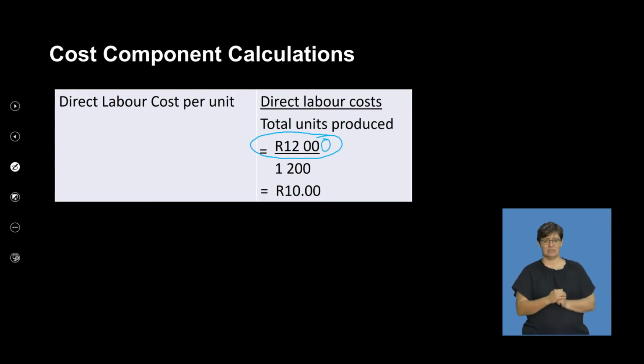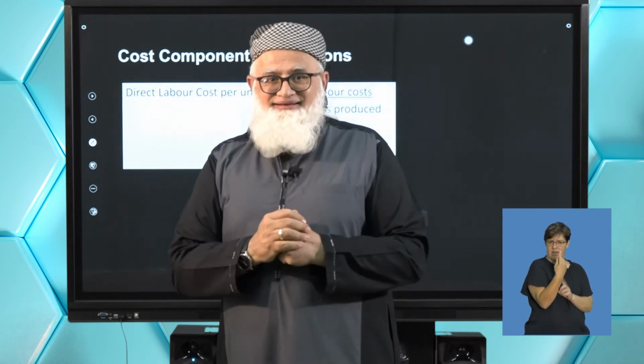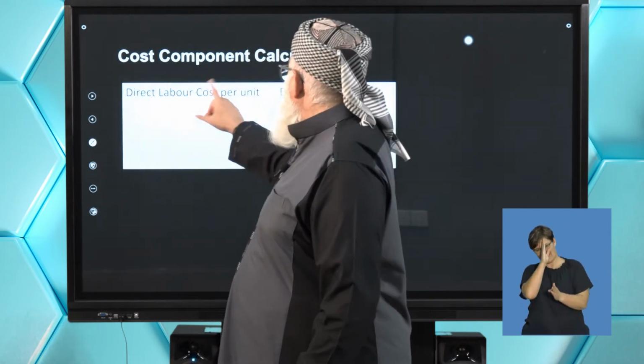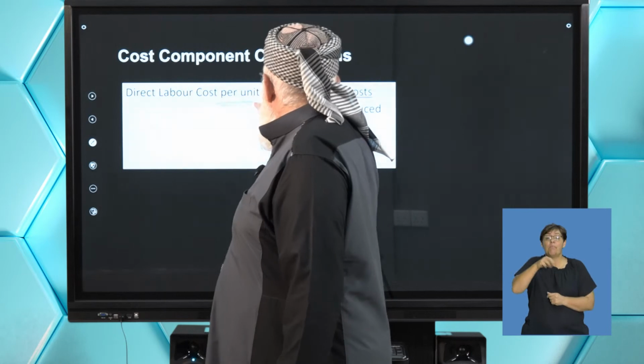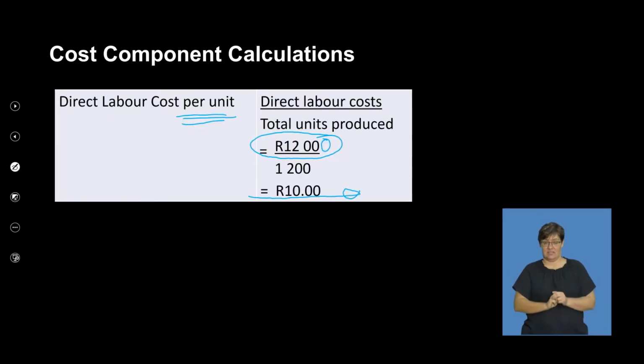There's the 12,000, divided by the 1,200 units that were produced, giving you a direct labor cost per unit of 10 Rand. In other words, the question is asking you how much labor went into making 1 flag. And that's why we call it direct labor cost per unit. Therefore, the cost on this one would be the 10 Rand.